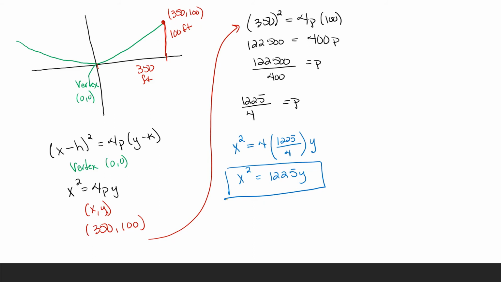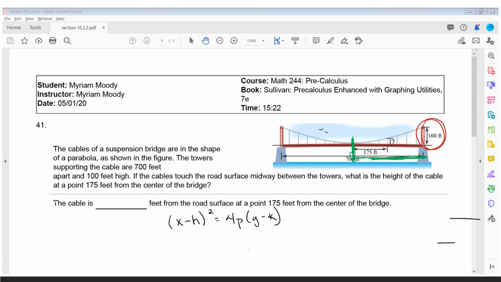So now that I have the equation, I can start looking at the question again. The question was what? It said, if the cables touch the road surface midway between the towers, they want to know the height of the cable at a point 175 feet from the center of the bridge.